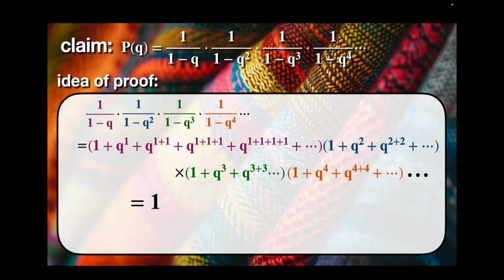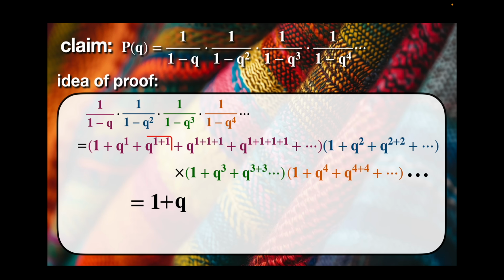Then we can look at all of the ways to achieve q to the first power, but in fact, there's only one way to achieve q to the first power. And that's taking q to the first power from the first term, and then 1 from all of the remaining terms in the product. But now it gets a bit more interesting when you look at the q squared terms.